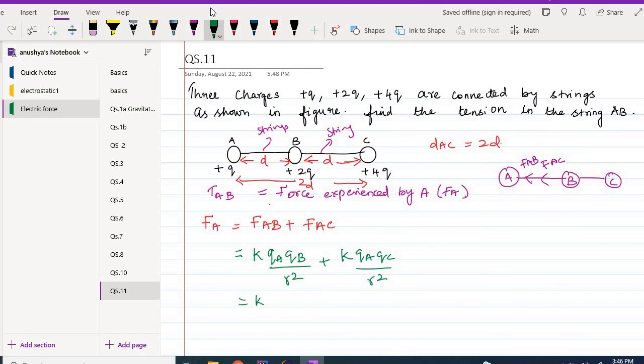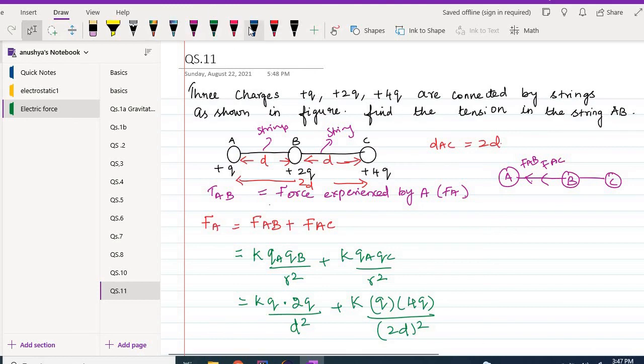K into, the charge at A is Q, Q into the charge at B is 2Q, divided by the distance between them, D, so D square, plus K into the charge at A is Q, the charge at C is 4Q, divided by 2D square.